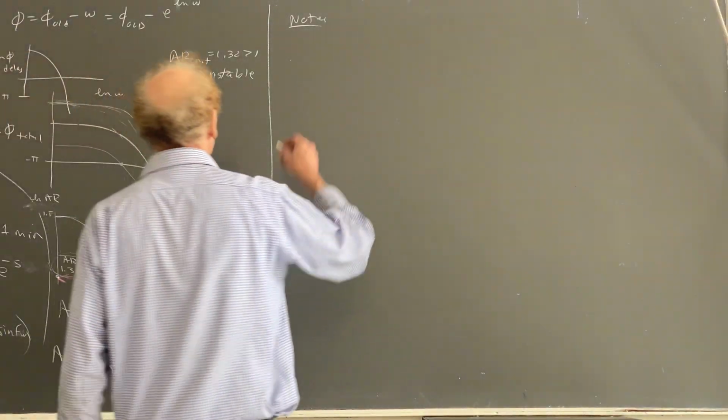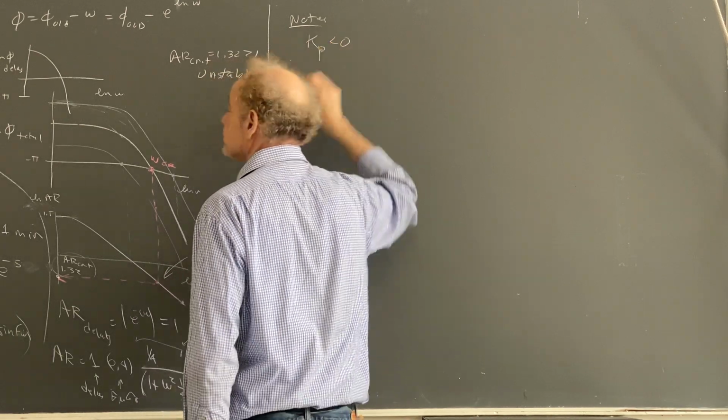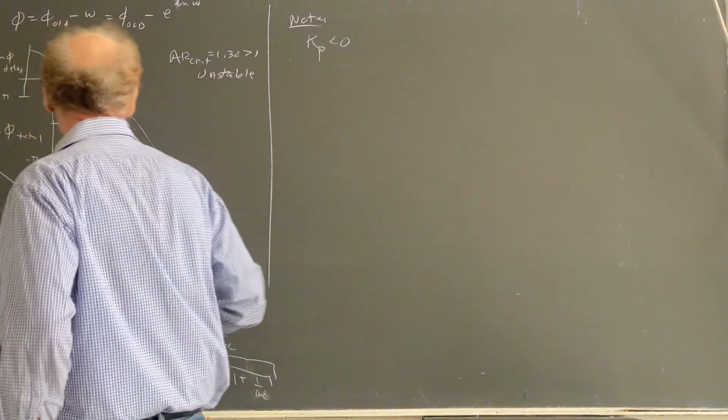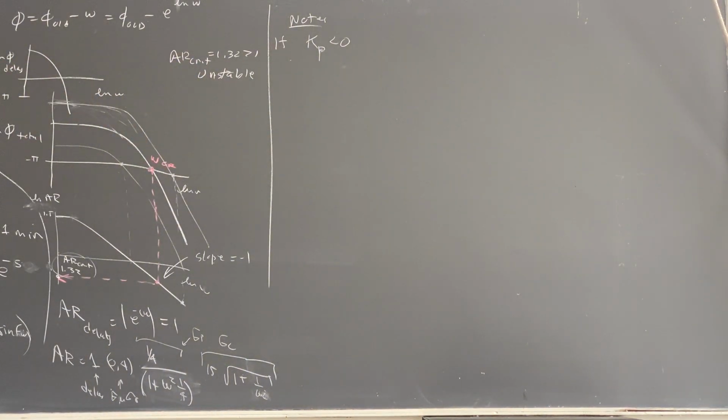So one note: what happens if Kp is negative? Well, what does that mean? Sometimes I turn a knob, I increase something, and the thing I'm interested in goes down instead of up. That's okay, that happens.